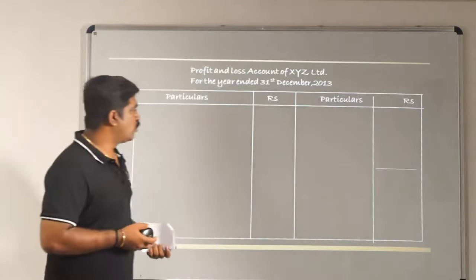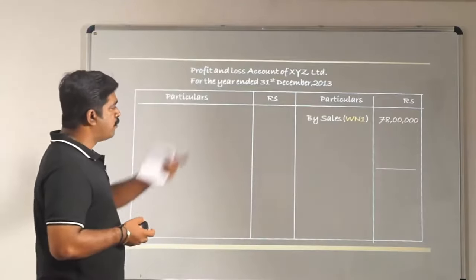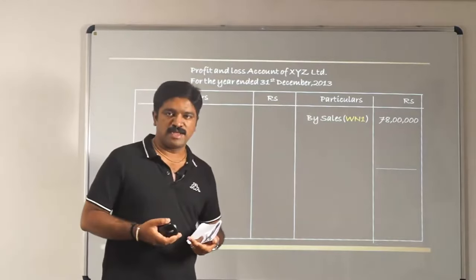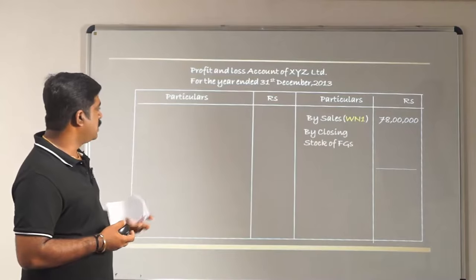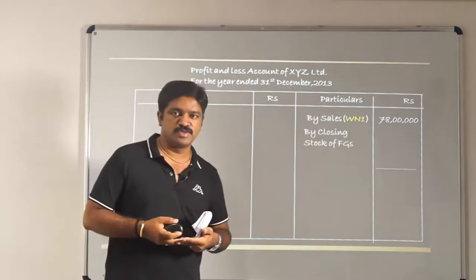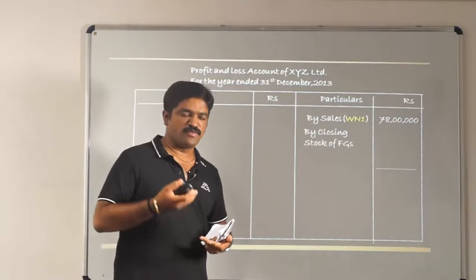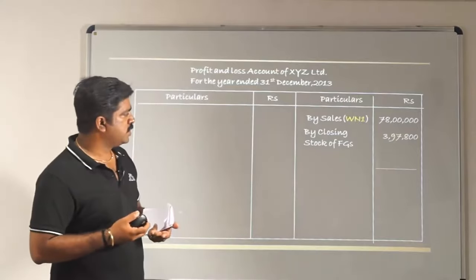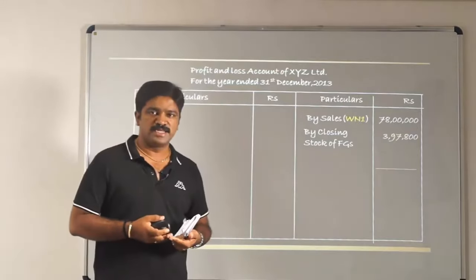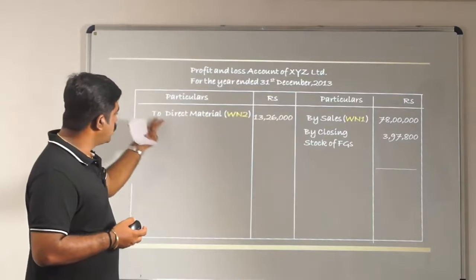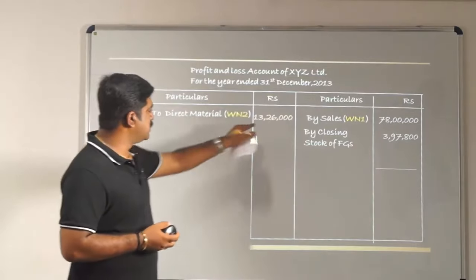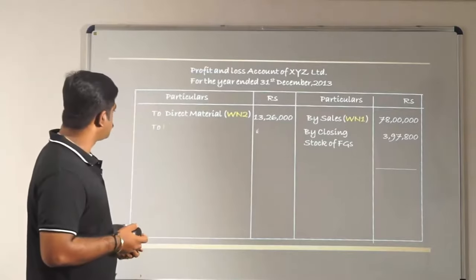Okay, so what information do we have? By sales, which we have calculated, which is 78 lakhs. Then closing stock of finished goods, which is nothing but 6% of works cost, and it is 3,97,800. Then on the debit side, direct material consumed 13,26,000.